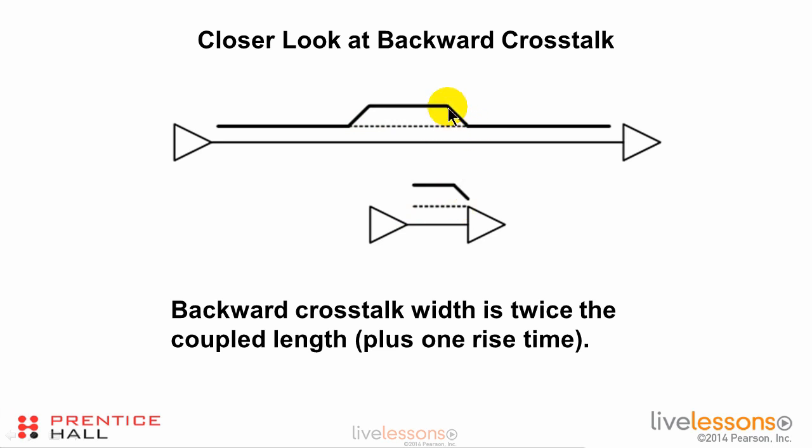There's a rise time here at the front end. There's a rise time here at the back end. This is kind of the opposite side of this rise time. And so this length here from this point to that point is twice the coupled region plus 1 more rise time.